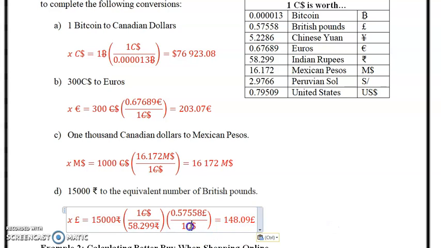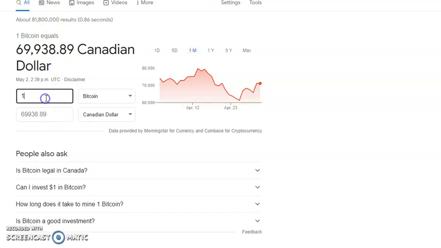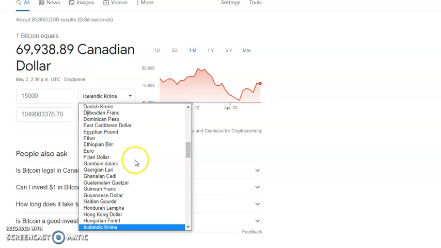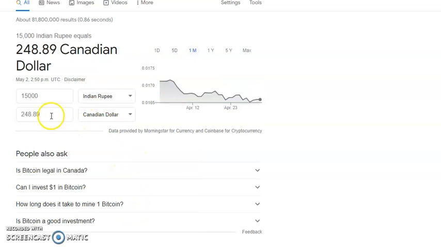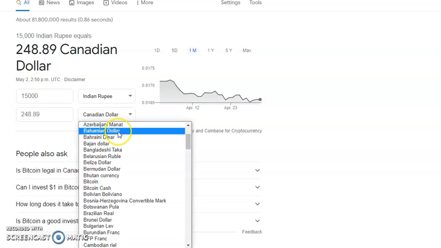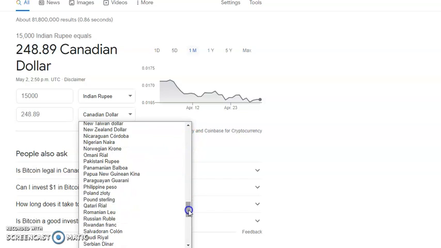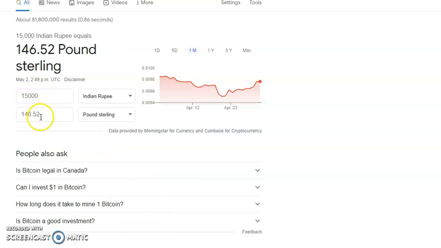So again, you can make that straight conversion. A lot of these conversions you can find on the internet very quickly. So if you went in here and you put in 15,000 and then you put Indian rupee and you wanted to convert that to British pounds, you'll see that's roughly the case.